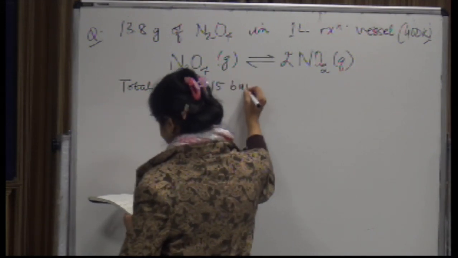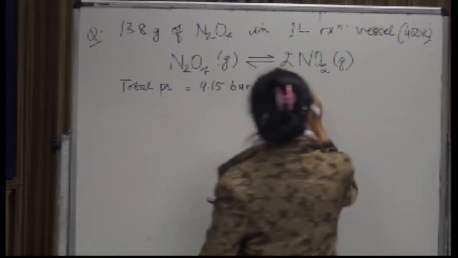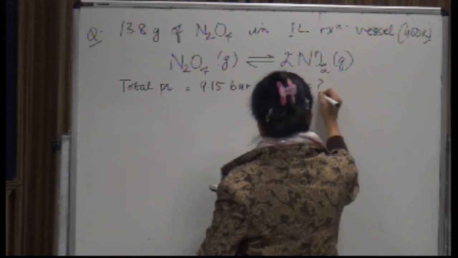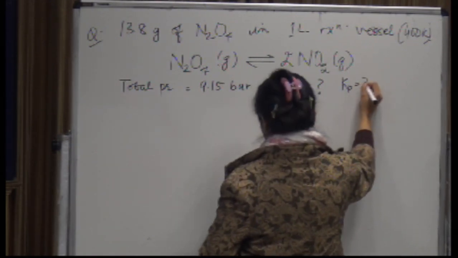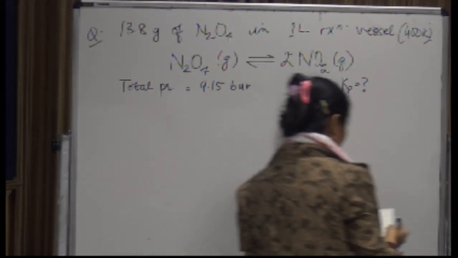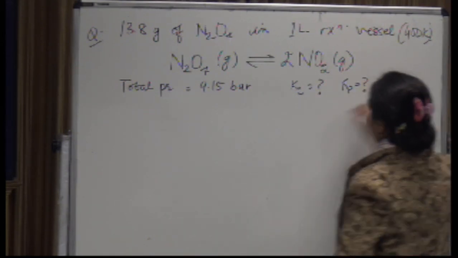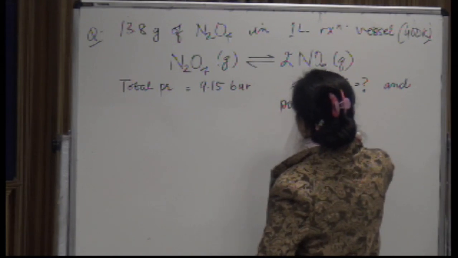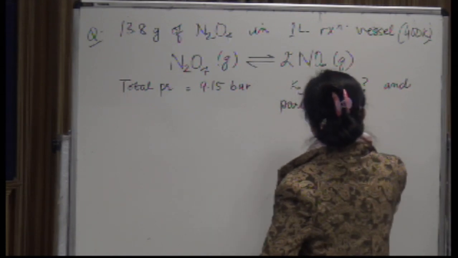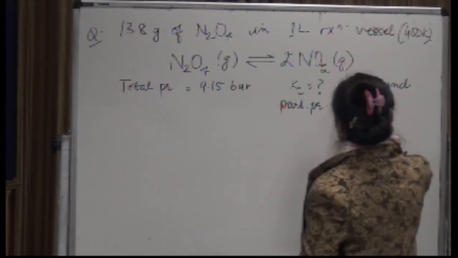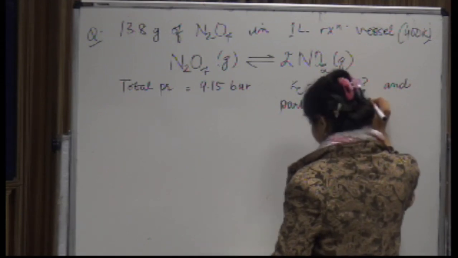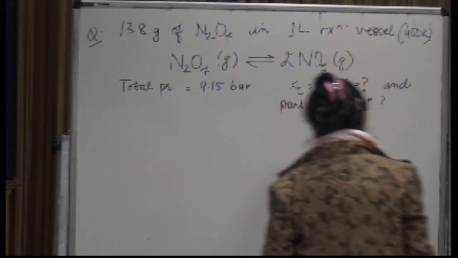You have to find out what Kc and Kp are, and find out the partial pressures at equilibrium.